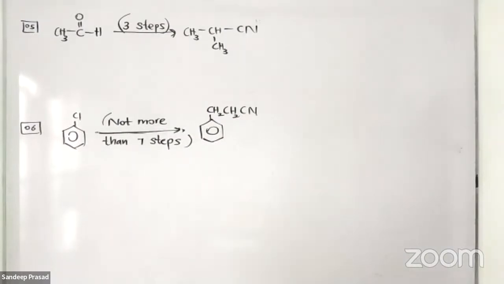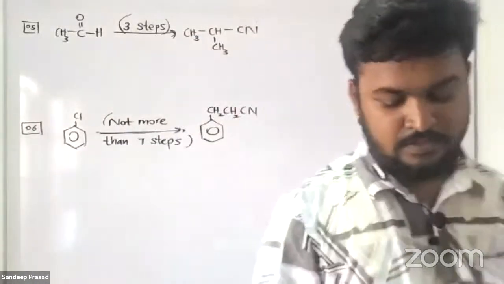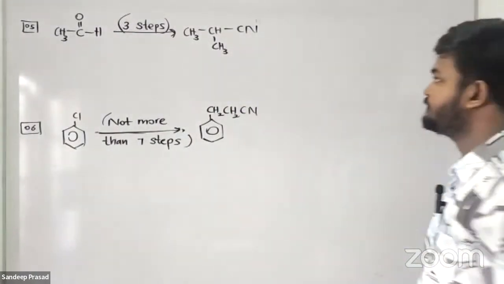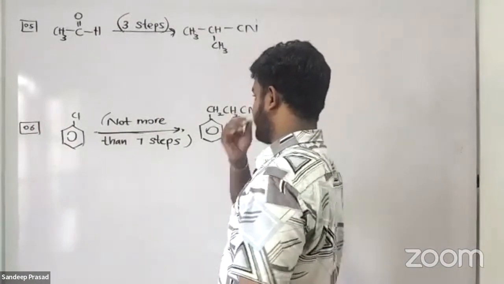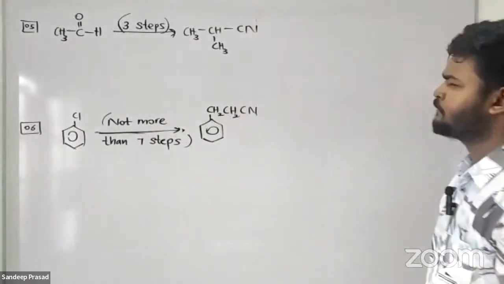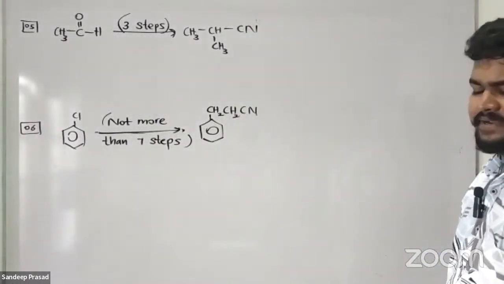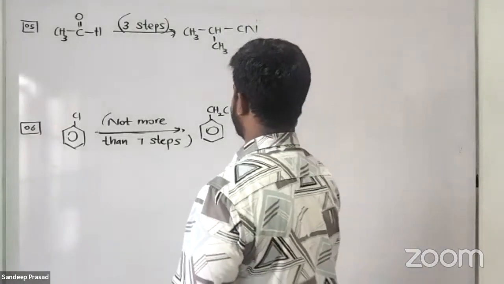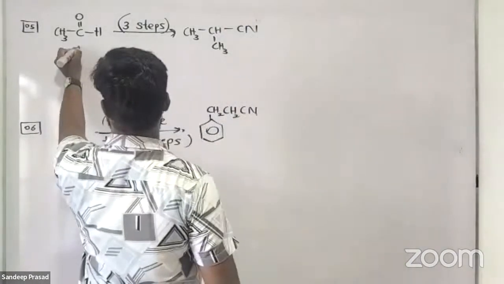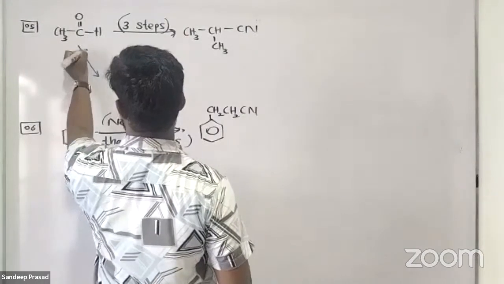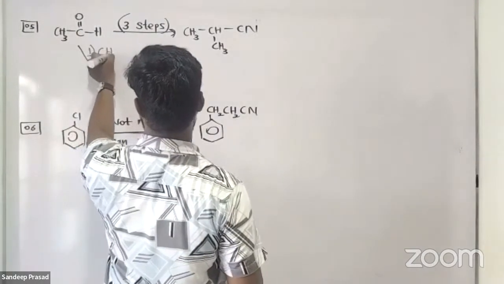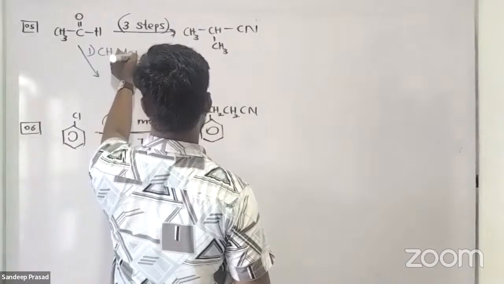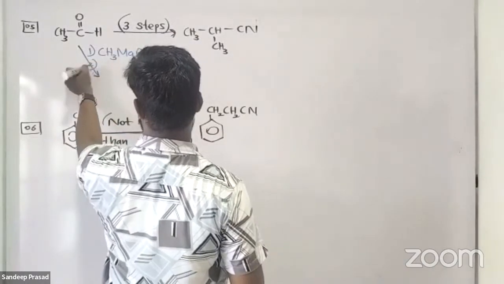Right. Let's see how we can do the fifth one. We have started from aldehyde, ethanol. It's very easy. Here I'm going to add first of all CH3MgBr. Secondly, H3O+.